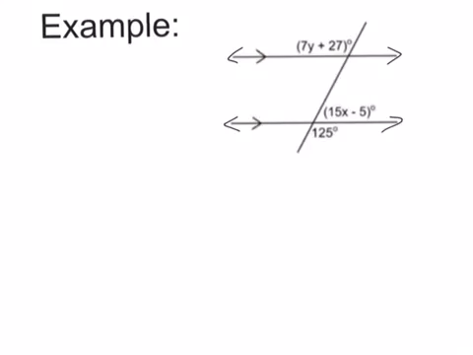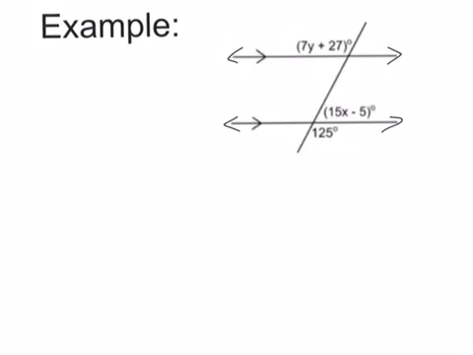And so these 2 lines are parallel, and so now we look at our angles that we're talking about. Let's look at this angle up here, the 7y plus 27, and this angle right here, 125 degrees. These 2 angles are opposite, but they're exterior. And so if we were to go back and look at our postulate or theorem of alternate exterior angles, we'd say that they are congruent.